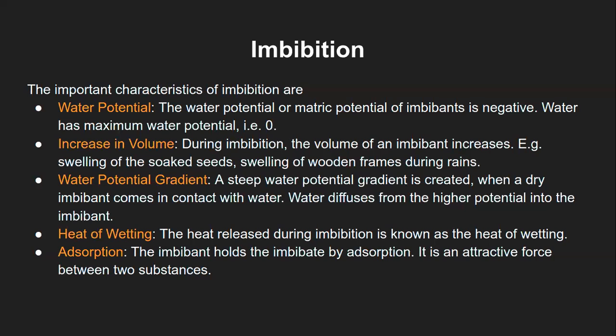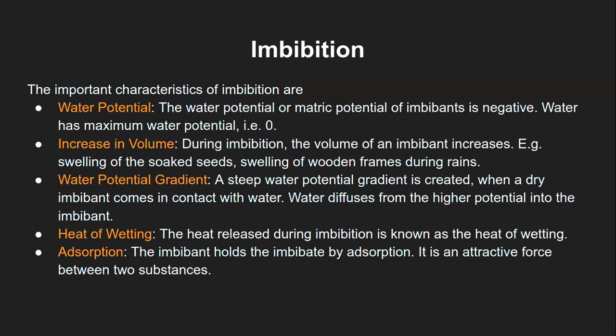So the water in which the sabudana is soaked will penetrate inside the sabudana molecules, and that way the gradient will be reduced slowly. So again it's a diffusion process. Water will diffuse from the higher potential into the imbibant, that is the colloid molecule.